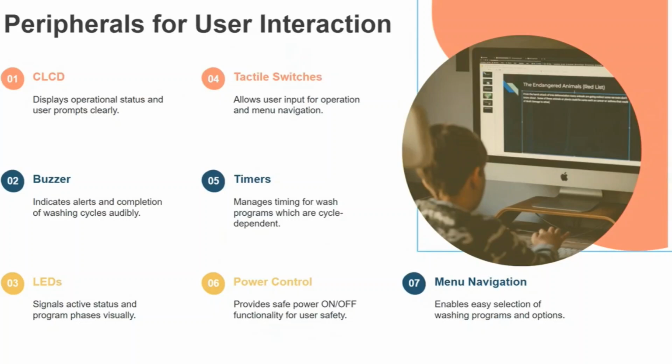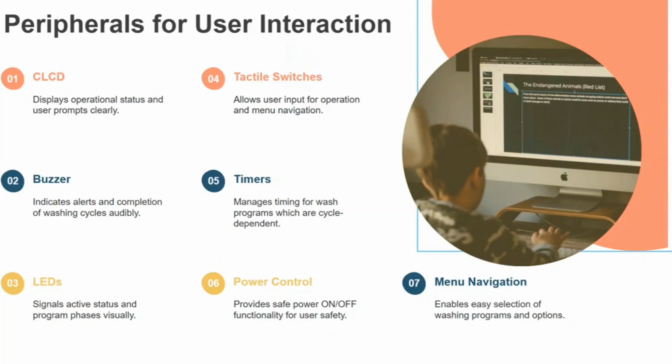Peripherals used in user interaction. It is very important that the machine is easy for the user to operate and control. So these are the peripherals which help the user very easily: CLCD, buzzer, LEDs, tactile switches, timers, power control, menu navigation. The CLCD displays the messages. The buzzer indicates completion or errors.